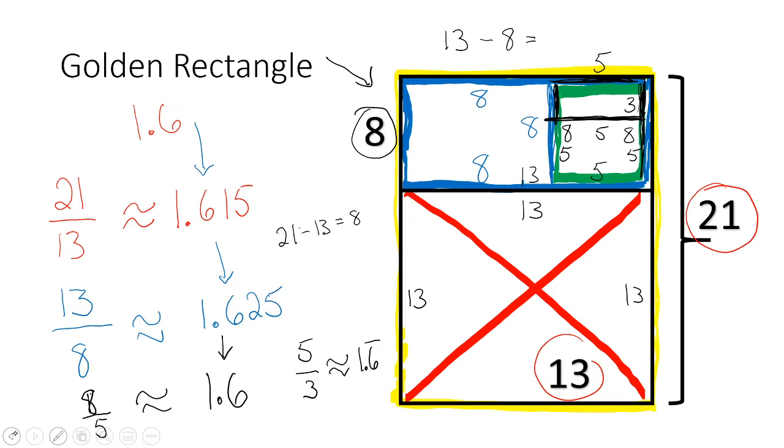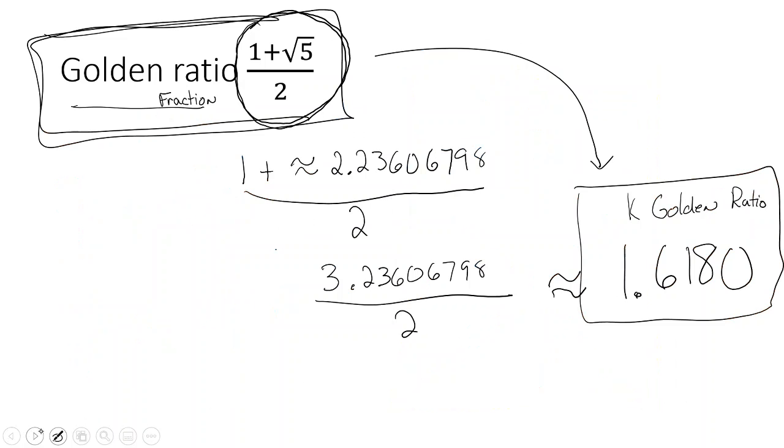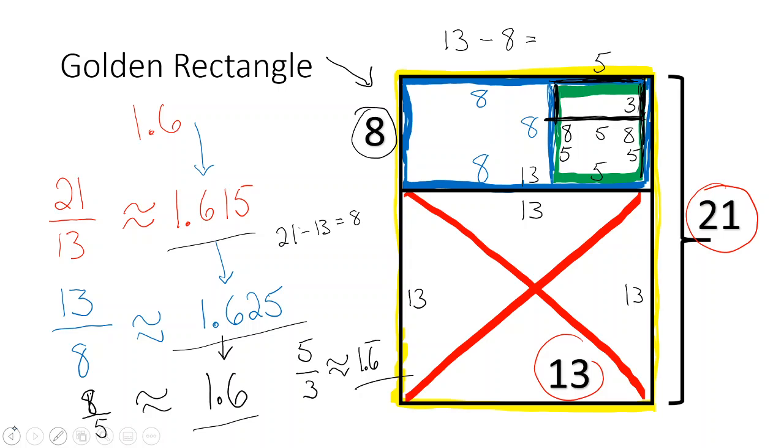So let me ask you this. If we were to look back here on this slide, I got 1.615, 1.625, 1.6, and 1.6. Which one of these is the best or closest to the golden ratio of 1.618? I'd say it's 21 over 13, wouldn't you?